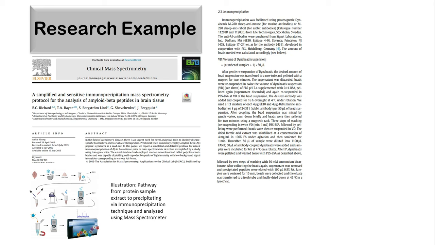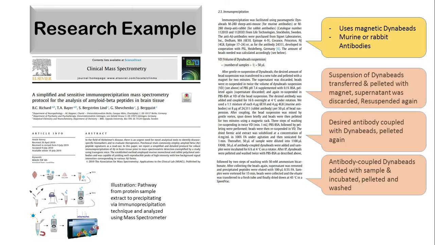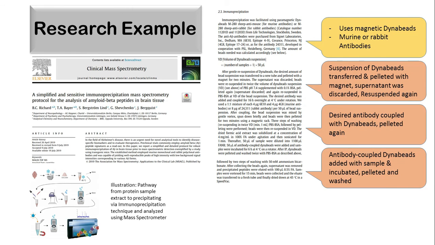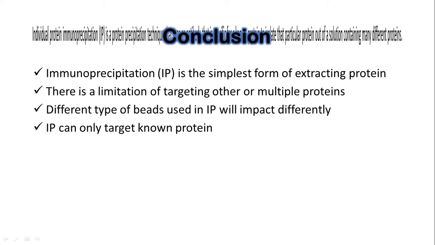But instead of using agarose beads, they use magnetic Dynabeads, and the Dynabeads are pelleted out by using a magnet. Otherwise, the protocol is much like the protocol that I have mentioned before, but the eluate at the end of the research was dried out so that it can be used for the mass spectrometry analysis.